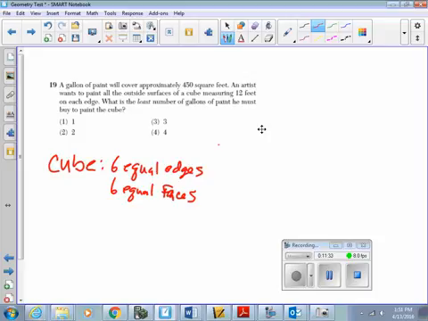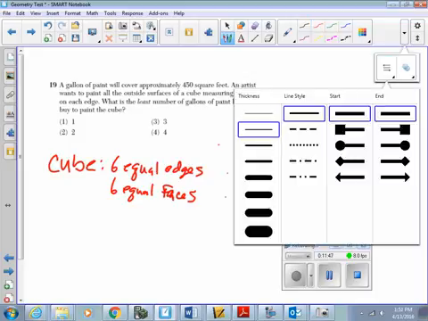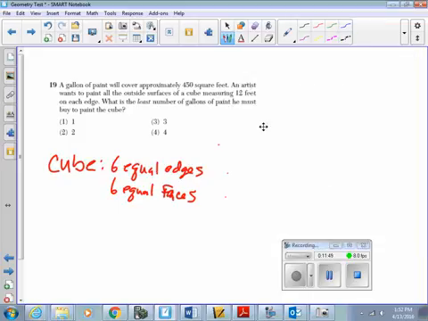All right, so if the edge of a cube is 12 feet, let's write down something else first. All right, so let's write down 1 gallon of paint is going to cover approximately 450 square feet.